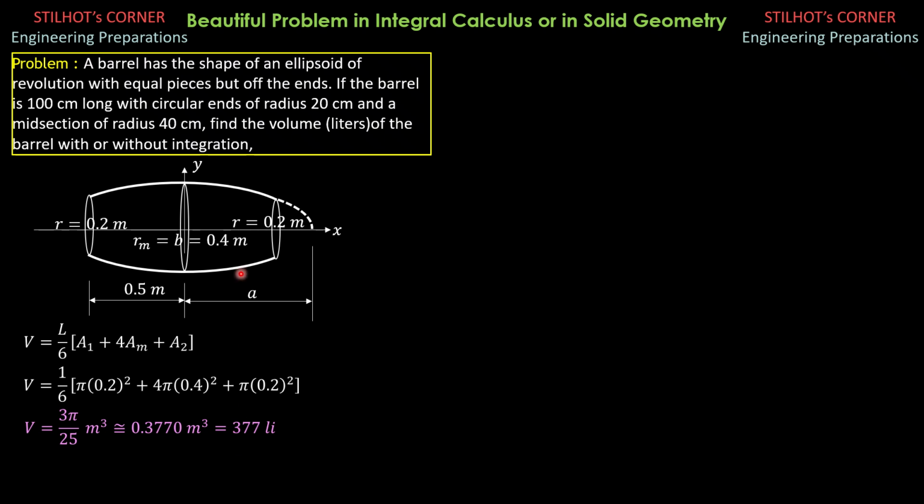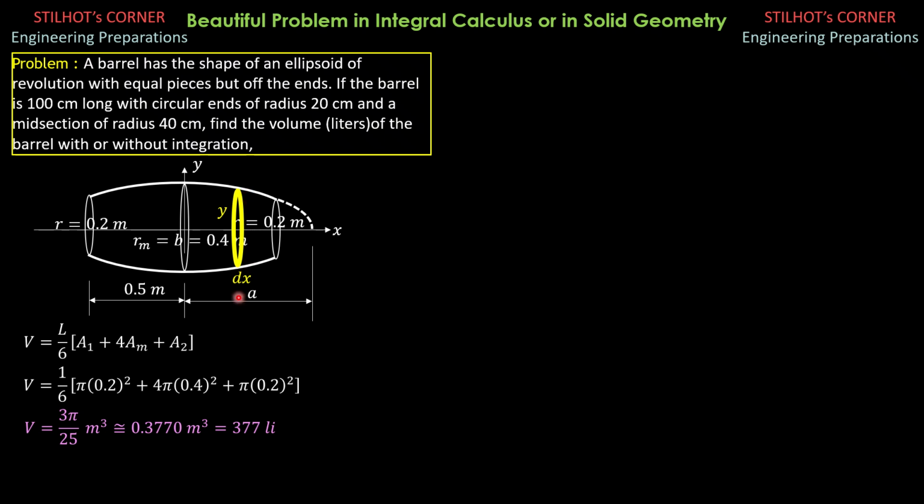Now, if we solve this by integration, let's have a disk shown. The differential volume of this disk is pi y squared. The radius is y, and it is an ellipsoid of revolution, so the section is circular. That's why it's a disk.